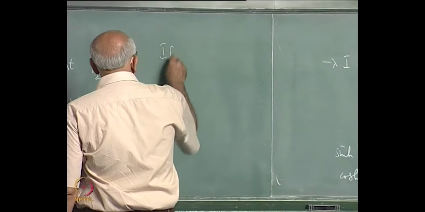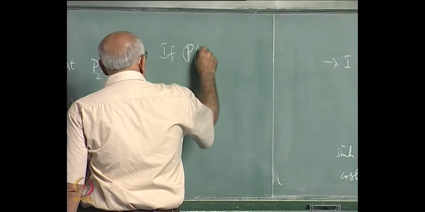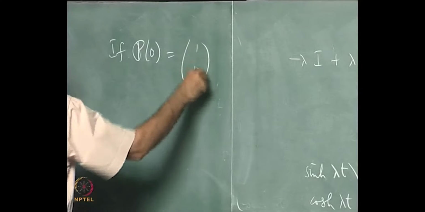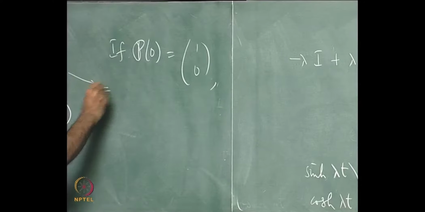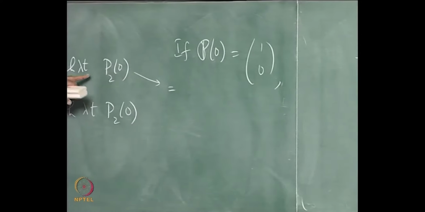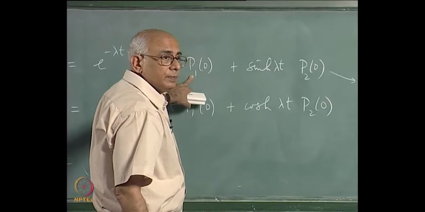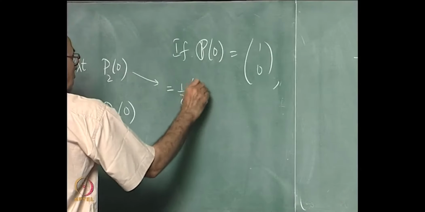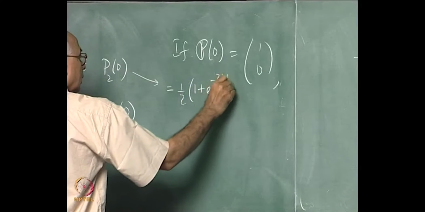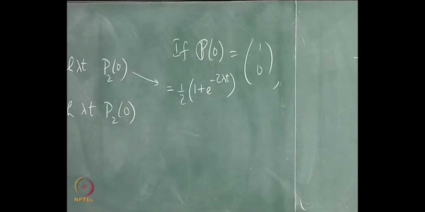So if P of 0 is equal to (1, 0), then this quantity here becomes equal to, this is 0 here, so it is just this, and that is equal to 1/2 (1 plus e to the minus 2 lambda t), and that is it.